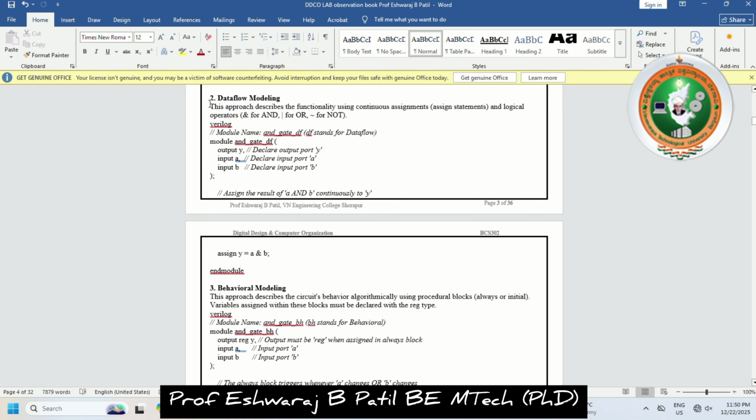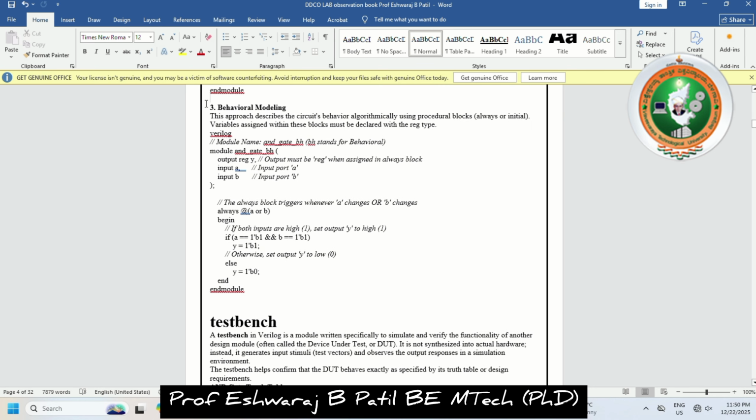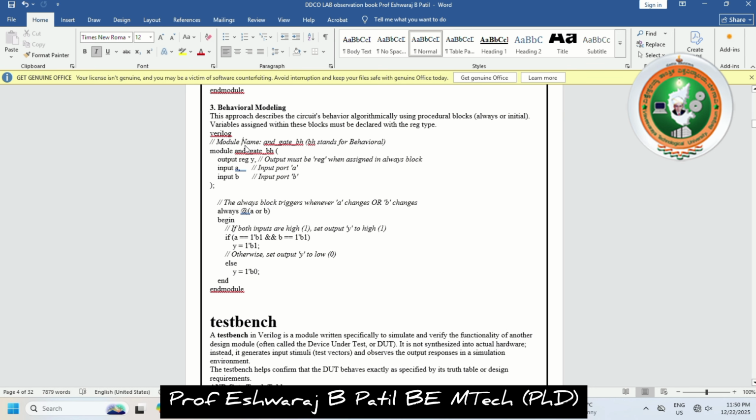Now I'm using the behavioral model. The register y is for the output, and the inputs are a and b.